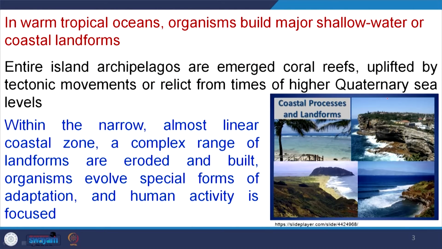In warm tropical oceans, organisms build major shallow water or coastal landforms. What type of environment are we dealing with? If it is a cold environment, the organic product will be less, but if it is a warm environment, the organic presence will be more. The more organic presence, the more they modify and the more they create these organic structures.